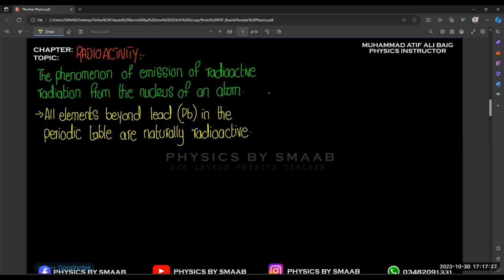So this is the very simple way to identify which elements are radioactive and which are not radioactive from the periodic table. You can just simply observe the elements beyond the lead in the periodic table, right?